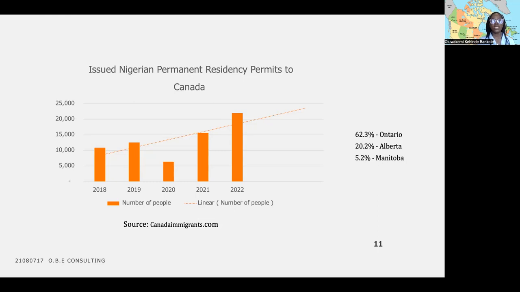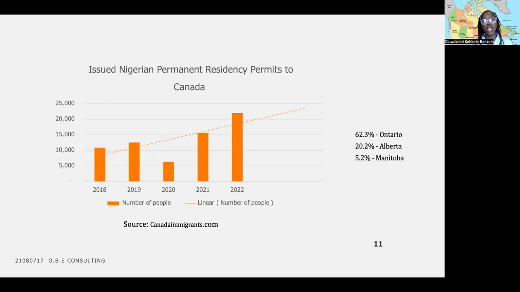And so they are now using immigration to buffer their economy and ensure that the economy of Canada continues to grow and continues to enjoy robustness.